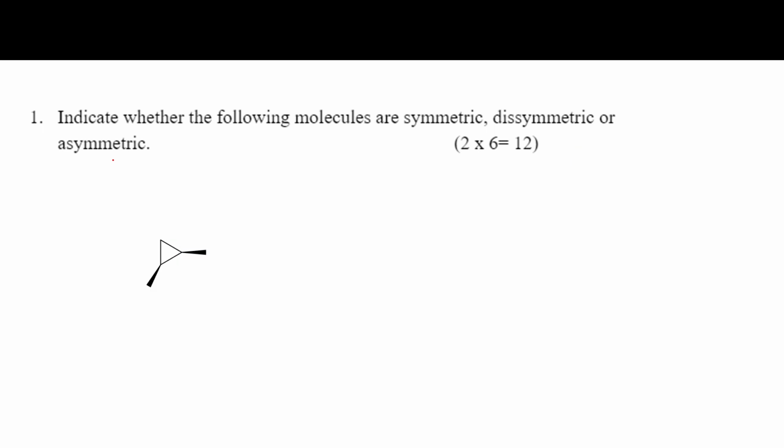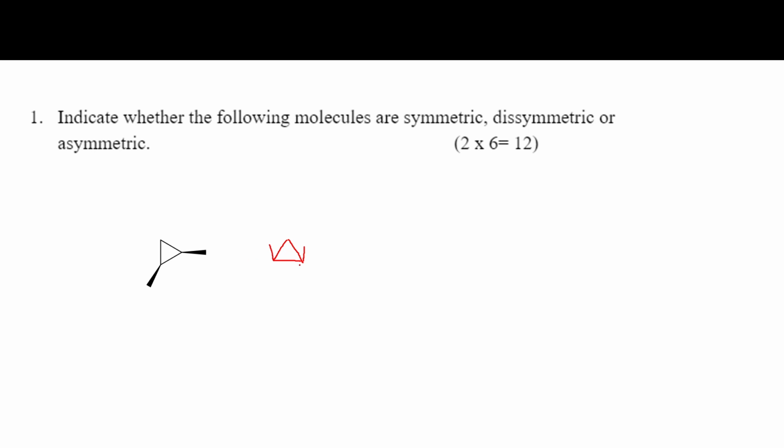Now for the next example, we have to find out whether this molecule is symmetric, disymmetric or asymmetric. If you draw this molecule this way, the 2-methyl is up, and all the others are hydrogen.